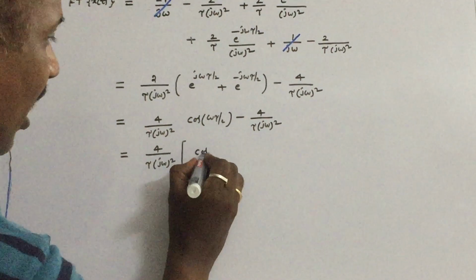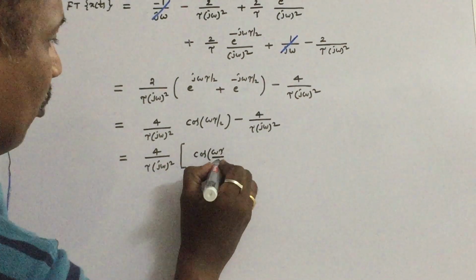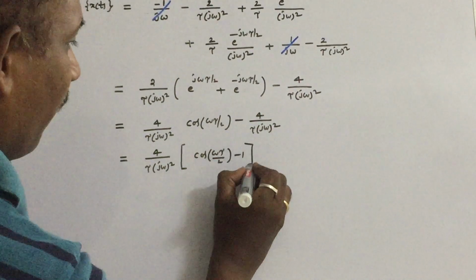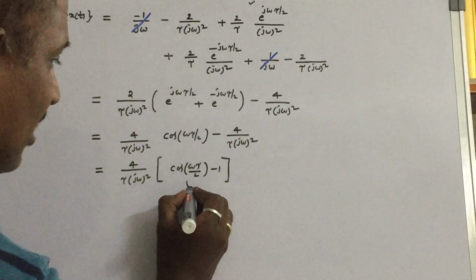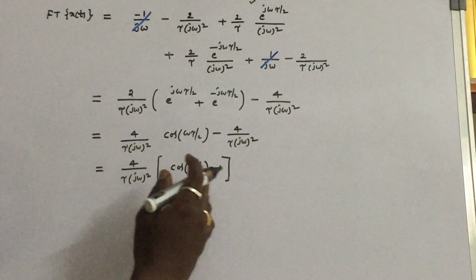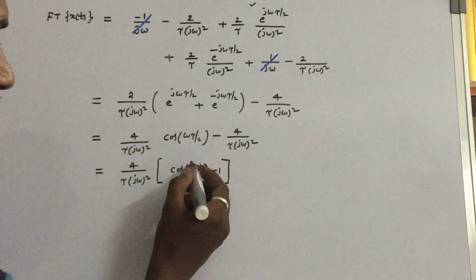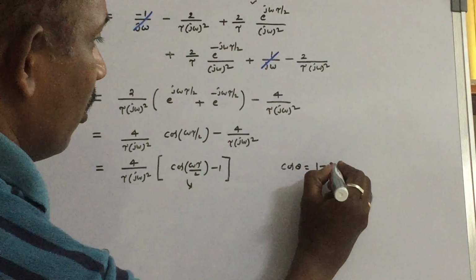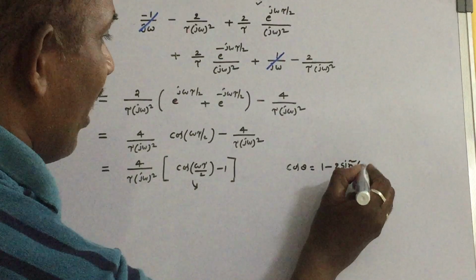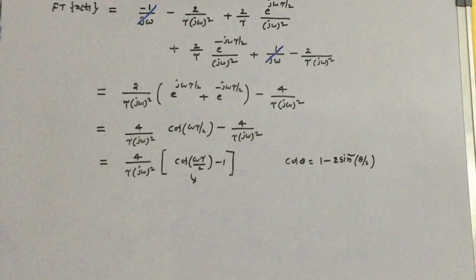So you get cos omega tau by 2 minus 1. This term is written as 1 minus 2 sin square omega tau by 4, because from the identity cos theta is equal to 1 minus 2 sin square theta by 2. So we can write like this.